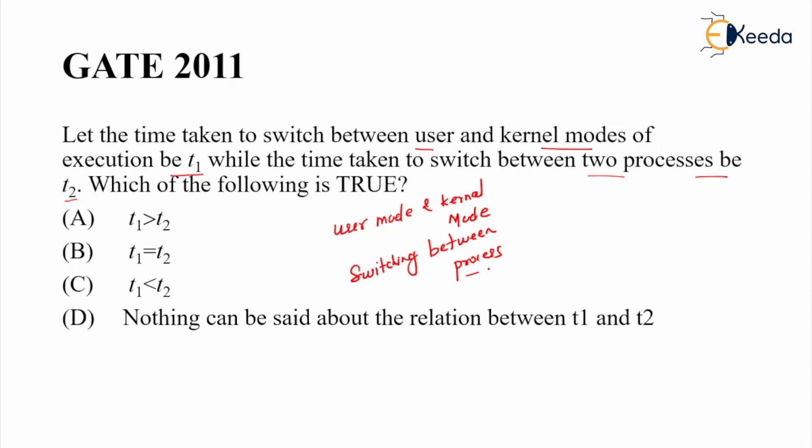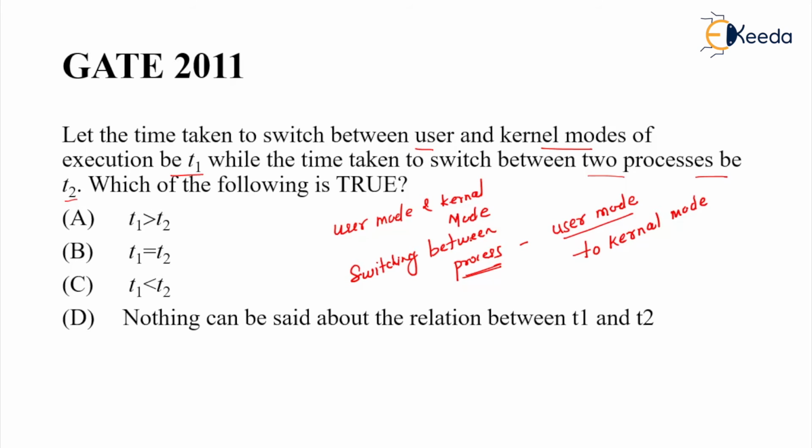Now when you are switching between two processes, you are required to make this transition from user mode to kernel mode. You can say that the time T1 will be included in time T2.